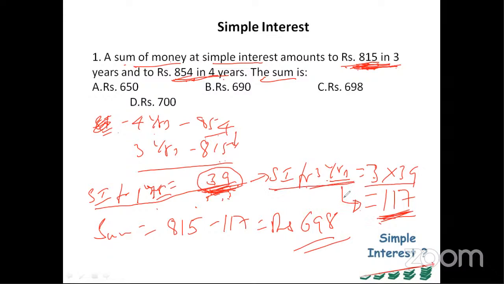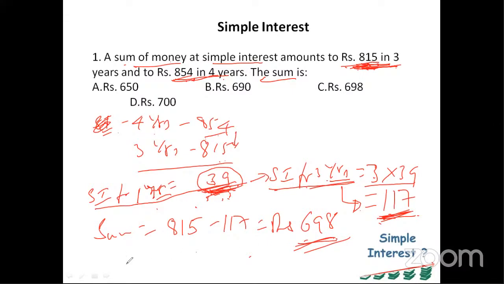Now, going back to the question, it becomes 815 in 3 years. We have to remove the simple interest. If we remove the simple interest, we get the principal amount.